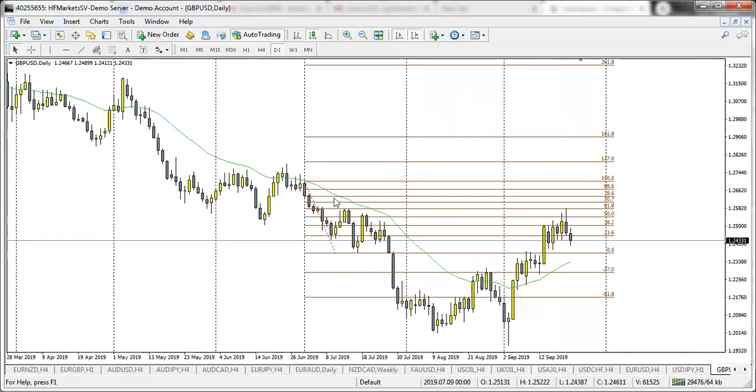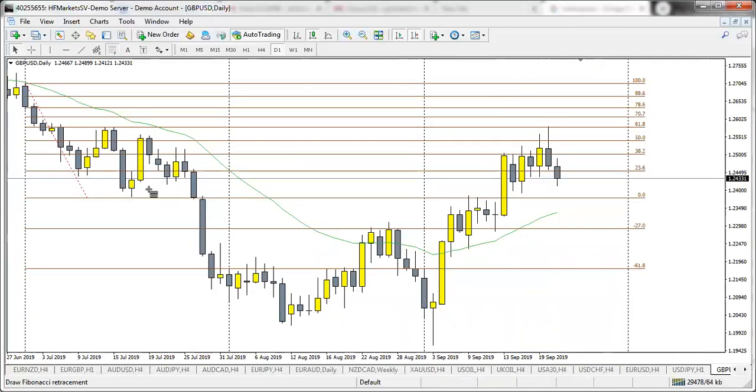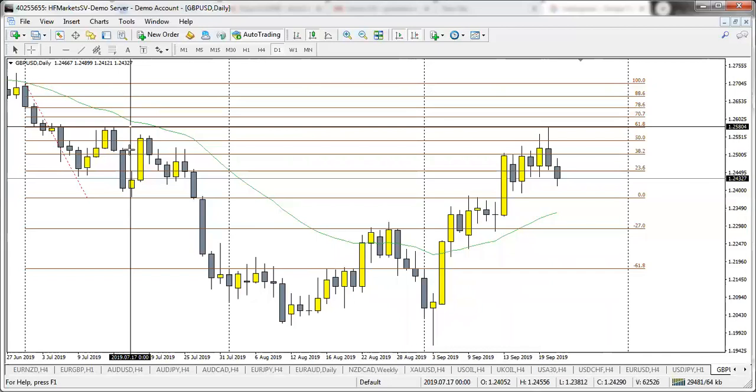So if you take a sell here, it must surely touch here. If you look at that alone, it is a good trade. See, 61.8. Let's calculate the pips there to 38.2. That's 80 pips already, which is very good.